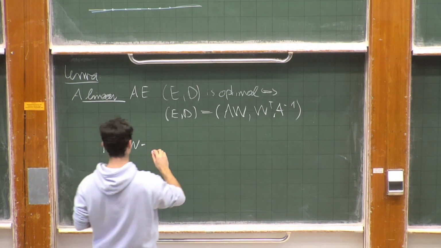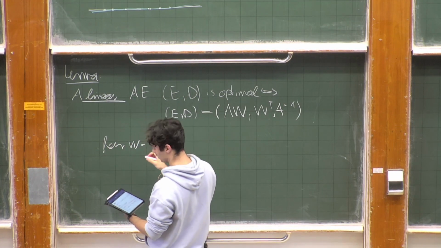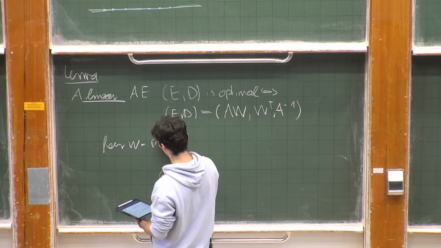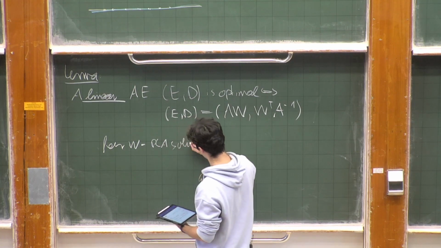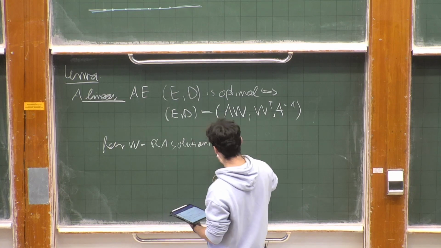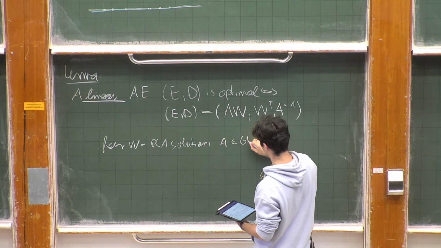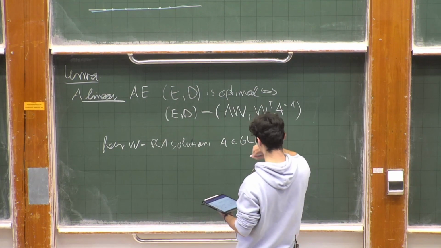I will spend a little bit of time on this W in a second. W is the PCA solution, and A is an invertible matrix, is in GL of L.